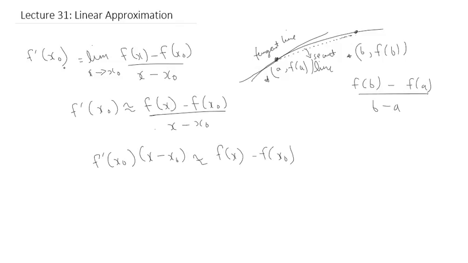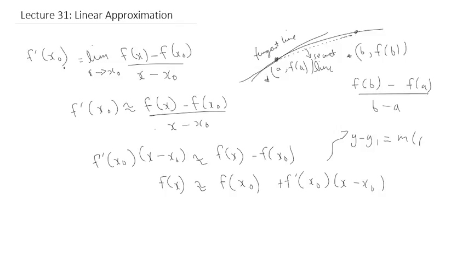So what do we get from this equation? Basically, if we take f of x naught to the other side, we get f of x, the function value at x, is approximately equal to f of x naught plus f dash of x naught times x minus x naught. And if you think about this for a second, this is very similar to the equation of the form y minus y1 equals m times x minus x1, which is the equation of a line with gradient m.